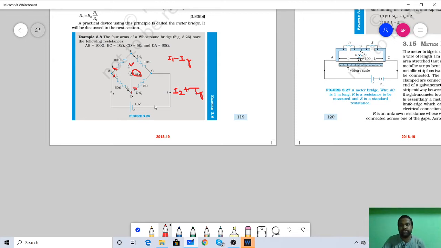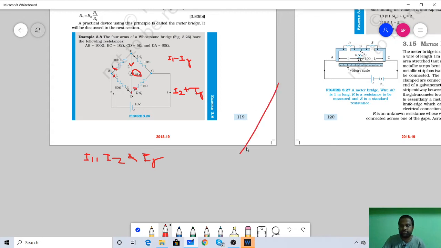Now we'll use Kirchhoff's loop rule on these different branches, different loops, and solve the unknown quantities, that is I1, I2 and Ig.